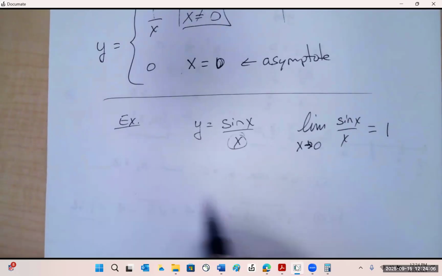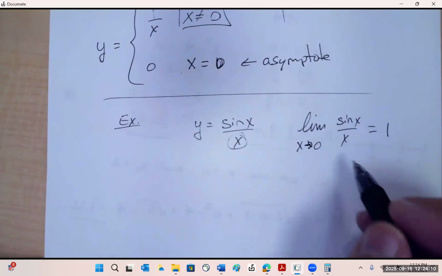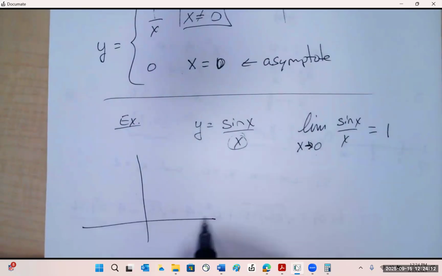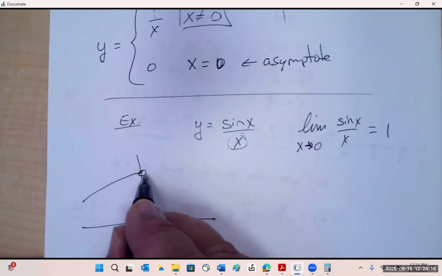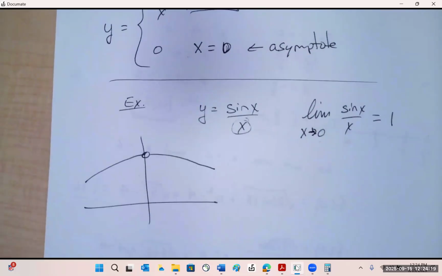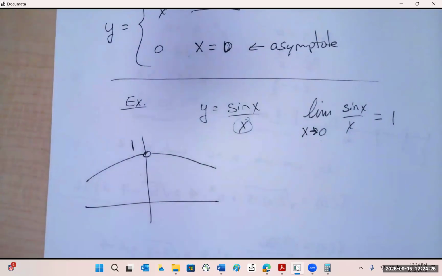With this graph, as x gets closer to 0 from both sides, the value gets very close, then at 0 it's undefined, and it keeps on going. But the limit exists because they both approach the same value.